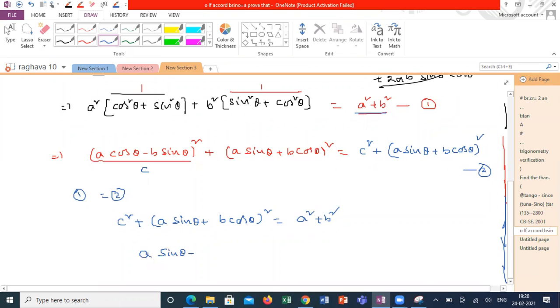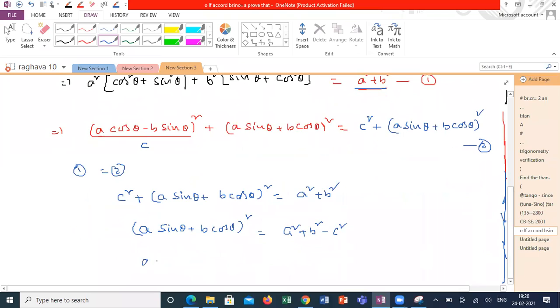(A sin theta plus B cos theta) whole square is equal to A square plus B square minus C square. Take root on both sides. A sin theta plus B cos theta is equal to plus or minus under the root A square plus B square minus C square. This is my required expression.